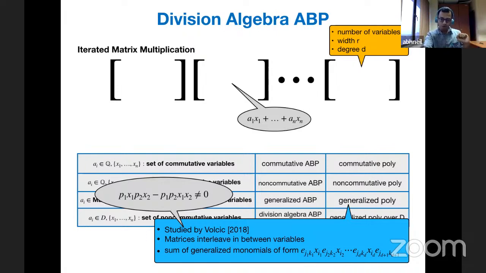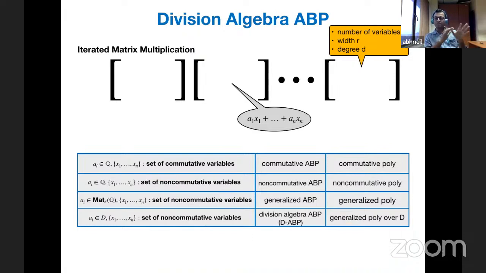Okay. So in the model we consider, these matrices are from a division algebra. Just recall the extra property that a division algebra has: for a matrix you can't freely take inverses, but in a division algebra, if an element is non-zero, its inverse is defined. So we consider generalized polynomials over a division algebra. The model is an iterated matrix multiplication where each entry is a sum of a_i x_i, and these a_i's come from some division algebra.